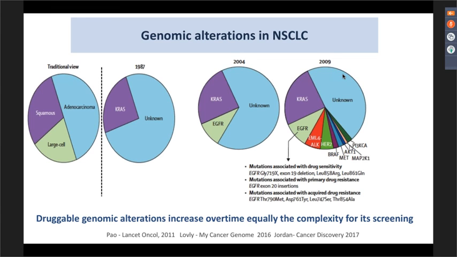And also druggable genomic alterations increase over time, equally as the complexity for its screening.